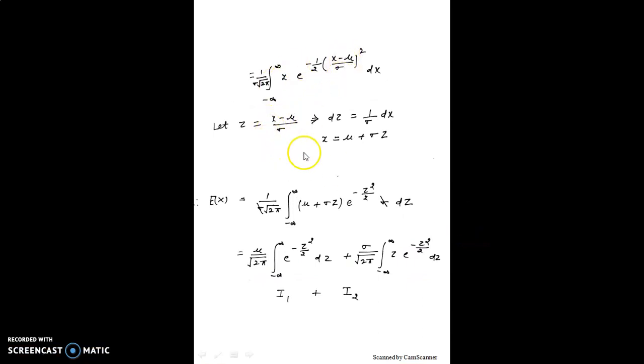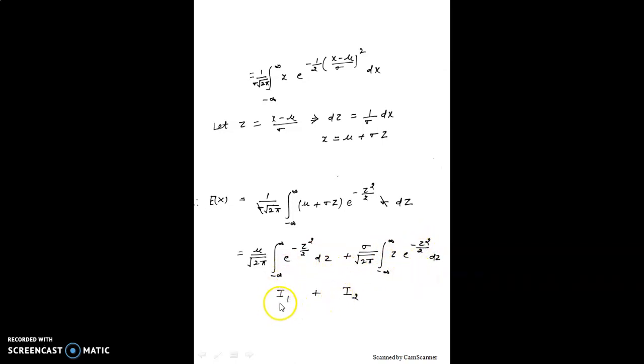Substituting these values in the integral, x will become mu plus sigma z, e raised to the power minus z square by 2, dx becomes sigma dz, and in the integral we will get two integrals. One is integral from minus infinity to infinity e to the power minus z square by 2 dz, and another is integral from minus infinity to infinity z e to the power minus z square by 2 dz.